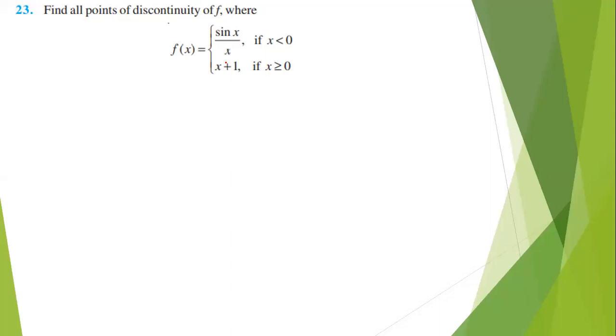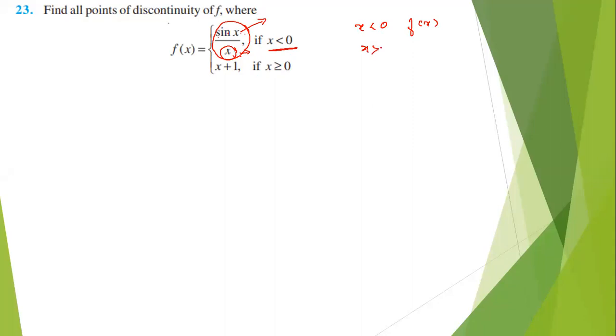Yes. So now we will do this. If you see here, for x less than 0, you have x sin x by x. We have proved in the previous class that sin x is continuous and even x is continuous since it is a polynomial, correct? So when x is less than 0, since we have a quotient of two continuous functions, the function f of x is continuous.